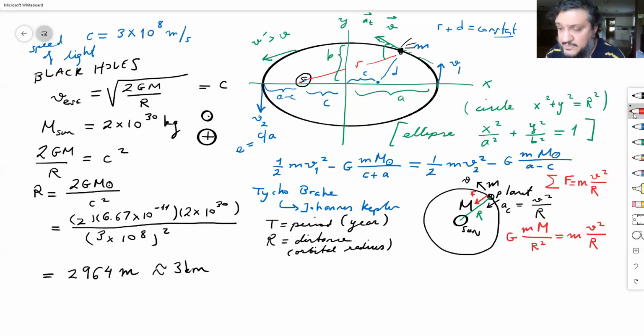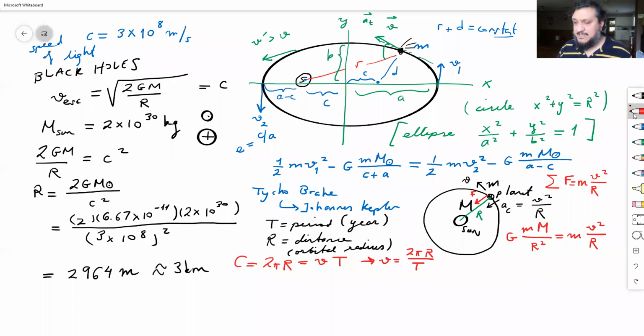So the circumference, which is 2 pi r, is covered in a time equal to T, the period. So v is 2 pi r divided by T.